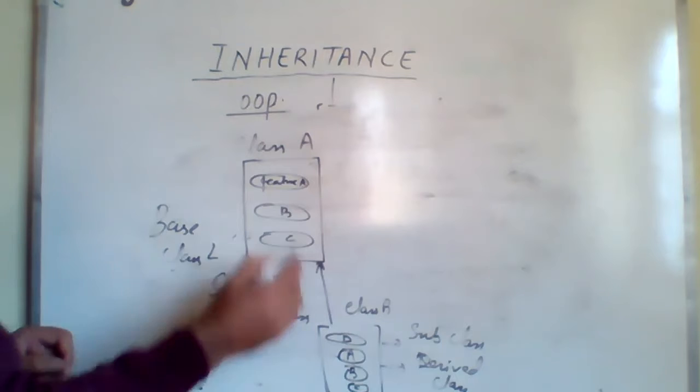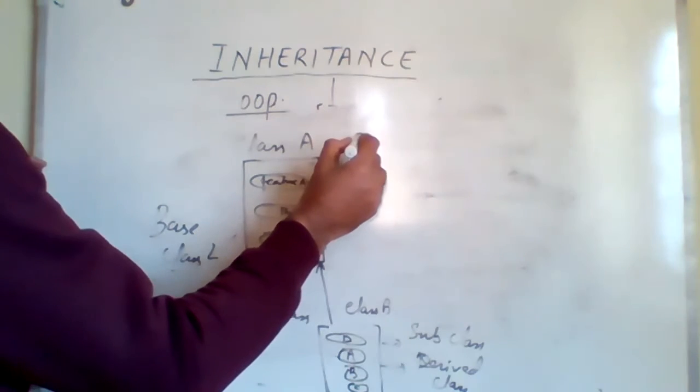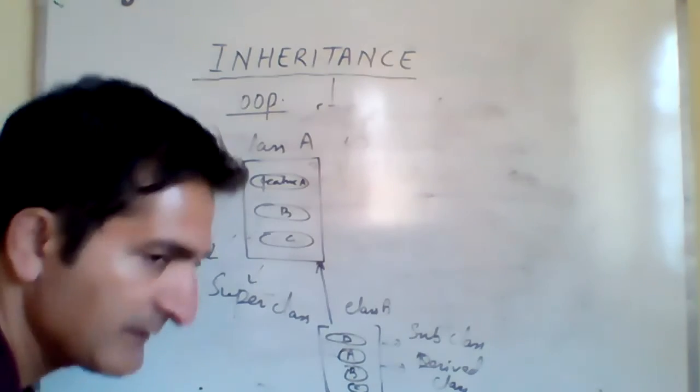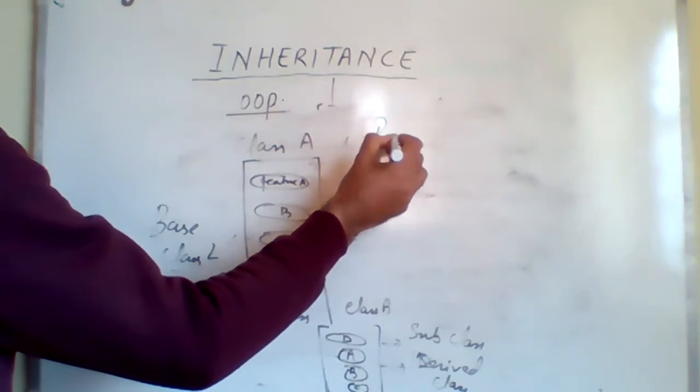So instead of writing these three features repeatedly in class B, we can use the concept of inheritance. And inheritance is based upon this feature, that is reusability.